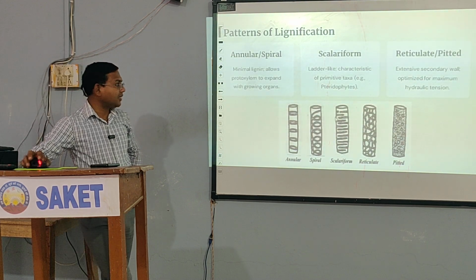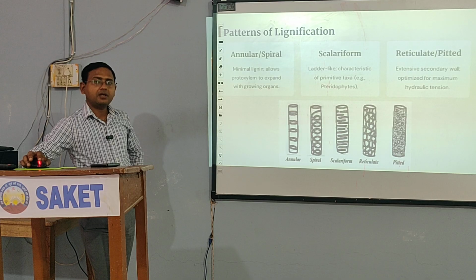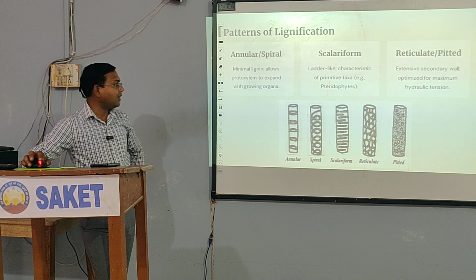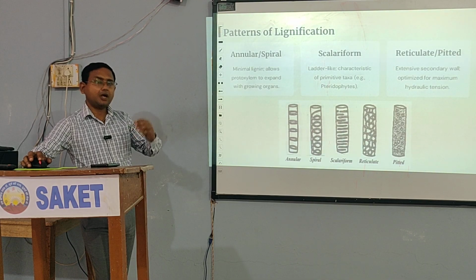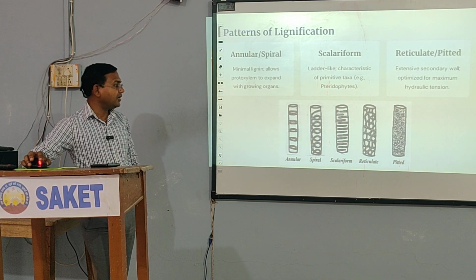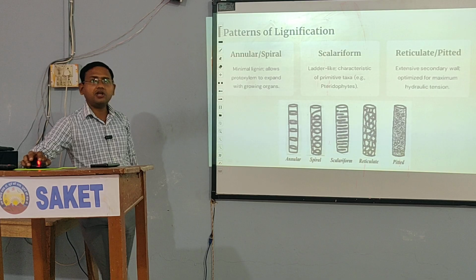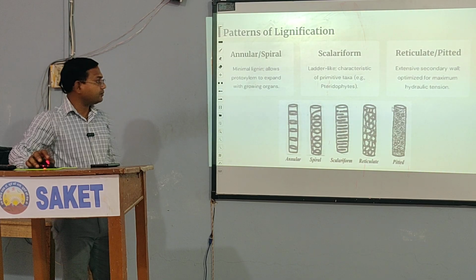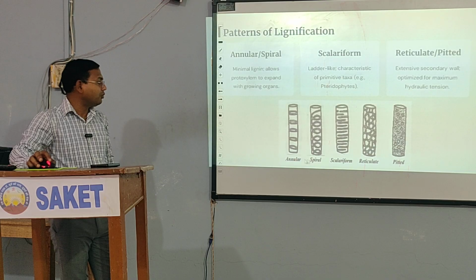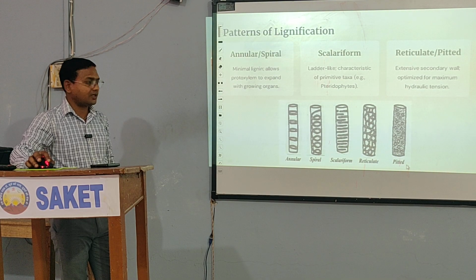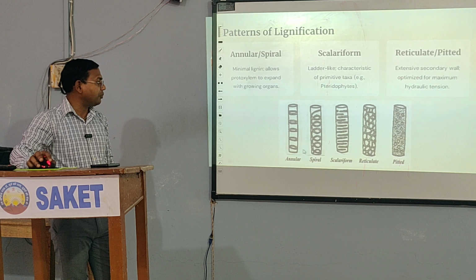As we have discussed and also saw in the diagram, the walls of the tracheids and vessels are lignified, and lignified means they have deposition on their cell wall. Lignin is deposited. This deposition of lignin takes place in various fashions, and accordingly we name them. So there are annular, spiral, scalariform, reticulate and pitted patterns.